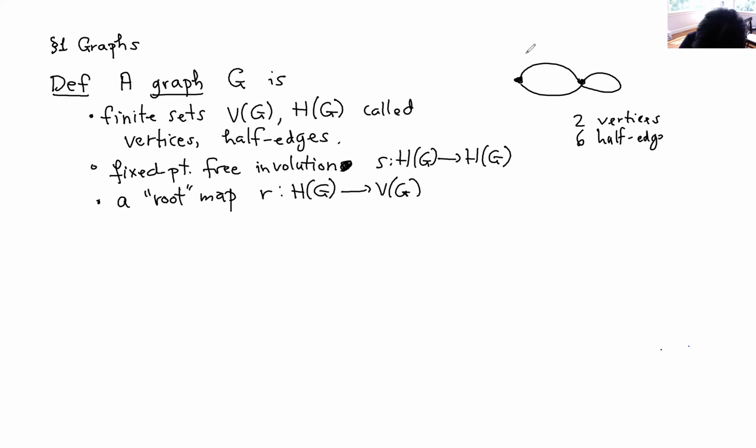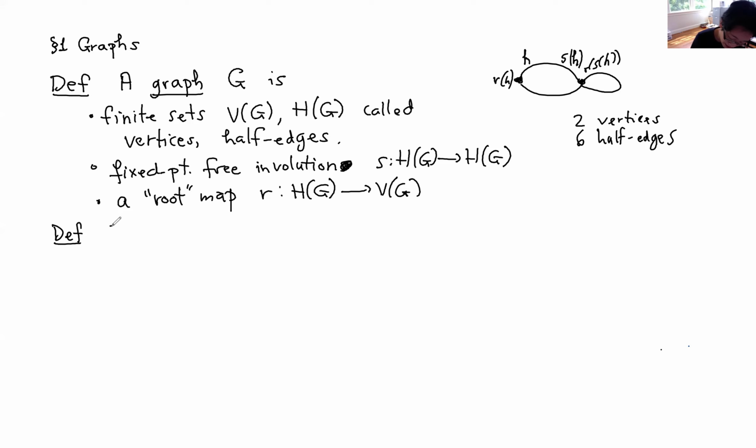And I'll try to draw a little notation here. So if this is the half edge H, then its pair S of H is the other half edge, so to speak. Here is R of H, its root, and here is R of S of H. I haven't yet defined the edge set of a graph, but here it is.